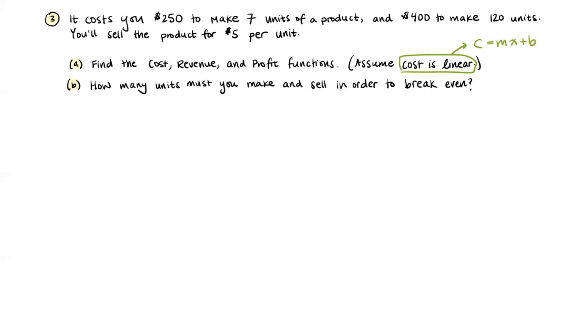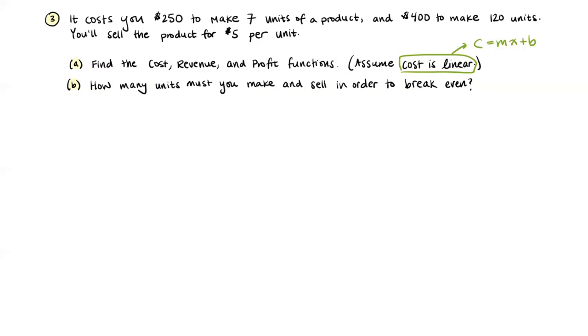Now I know we've talked about how we can write the cost equation as a fixed cost, which is represented by b here, plus variable cost times x. But in this example, we aren't given what the fixed cost is, and we aren't given what the variable cost is.